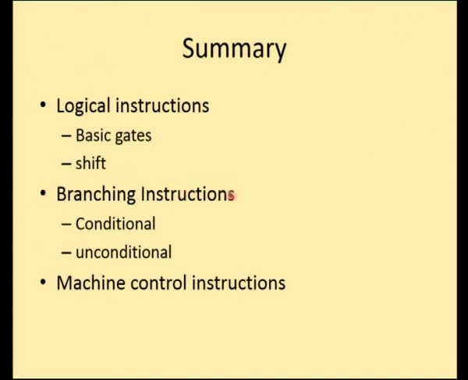The branching instructions change the flow of execution, depending on the flag register or independent of the flag register. Based on that, we discussed conditional and unconditional branching instructions. Finally, some instructions which are used to control the processor are named machine control instructions.